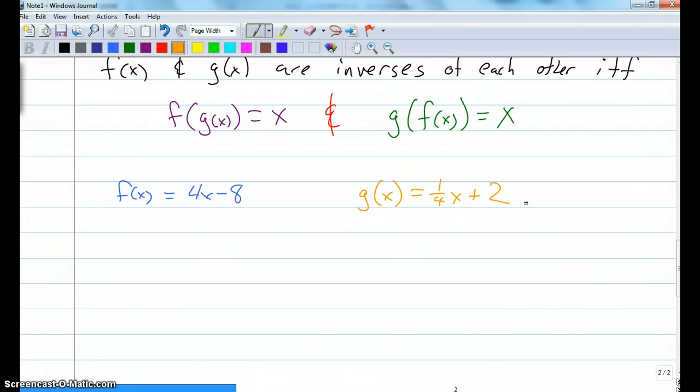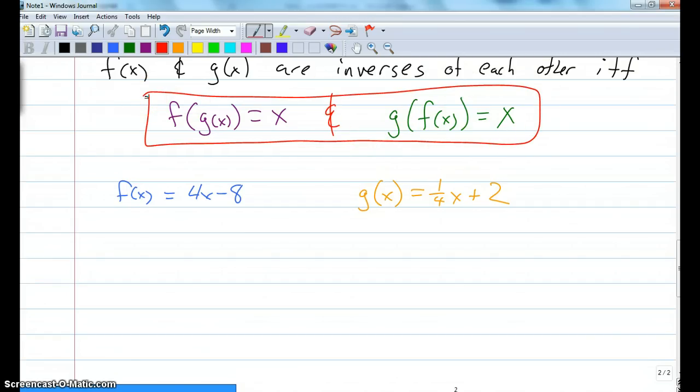Now, in order to verify, again, these two things must be true. It's not enough to just find the inverse of f of x and see that, oh yeah, look at that, it is. We have to do both f of g of x and g of f of x, and both of them should come out as x. All right, so let's do a quick example of that.